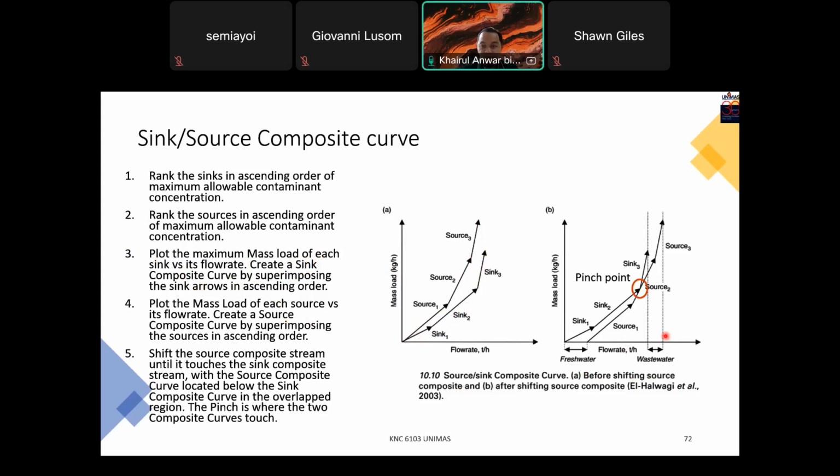Next is to shift the sink composite before the source, and there is a point here in which the source and the sink touch at a tangent, which is the pinch point for the process.